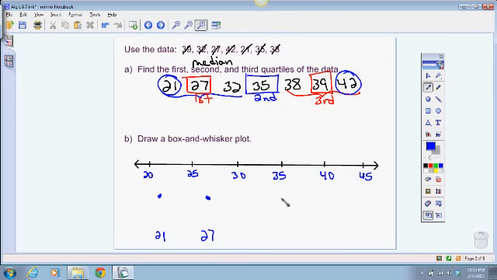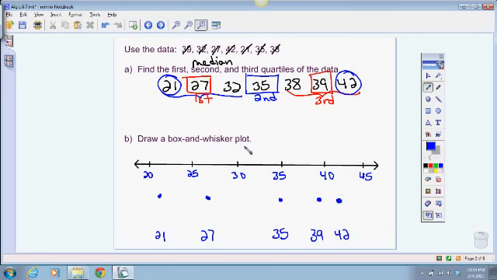So right under the 35. 39 would come right about here. And 42 right about here. Okay, so why are we putting these points in?